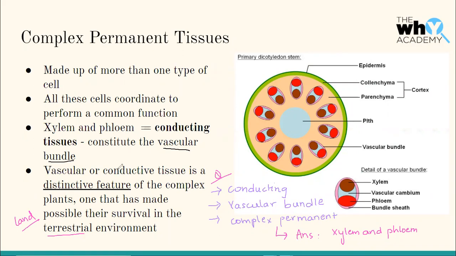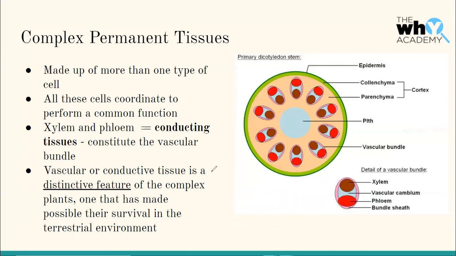So basically, what they're trying to say here is that conductive tissues are a distinctive feature, meaning this is the feature which makes them stand out from the other simple plants, or the feature which has ensured their survival over these few million years, right? Okay, that's what it means. And why are they saying it is a distinctive feature? I'll just come to that.